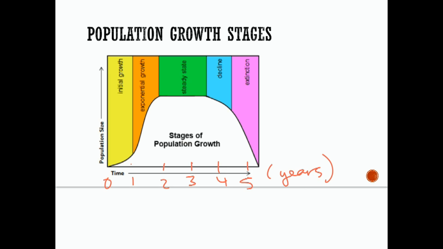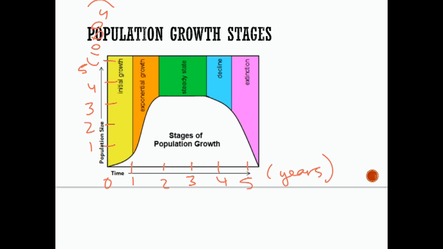And on your y-axis is your population size. We're going to start at 0, and then let's say this is in thousands. We've got 1,000, 2,000, 3,000, 4,000, 5,000 for this top one. So some made up numbers here to enable us to read the graph, okay?